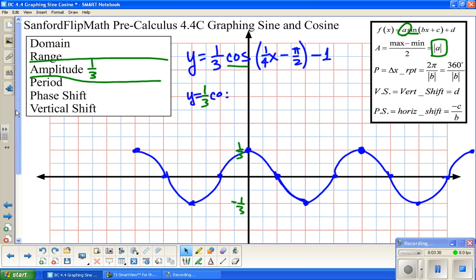Okay, so now I'm going to deal with the 1/4 in front of the x. 1/4 x. And that 1/4, now remember, period is 2 pi over b. Now, again, I know that I'm dealing with the 2 pi version because this is in radians, because I have that crazy pi over 2 floating around in there, and it's just part of life.